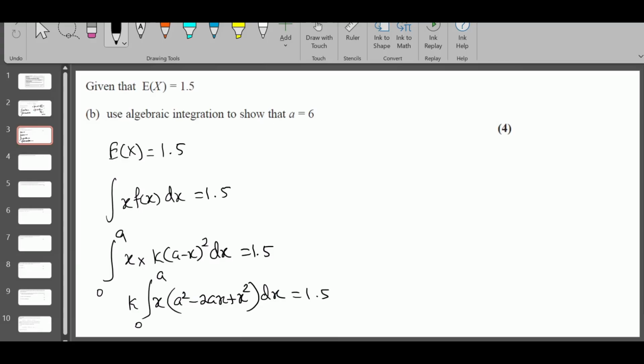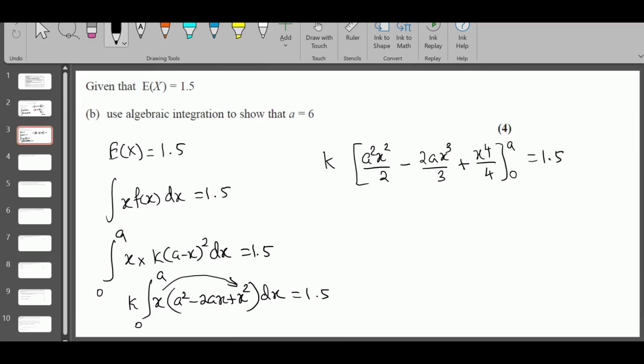is 1.5. So k times a squared x, which is a squared x squared over 2, minus, you multiply these two, 2ax squared, which is 2ax cubed over 3, plus x cubed times x, x to the power 4 over 4, from 0 to a, is 1.5, right?